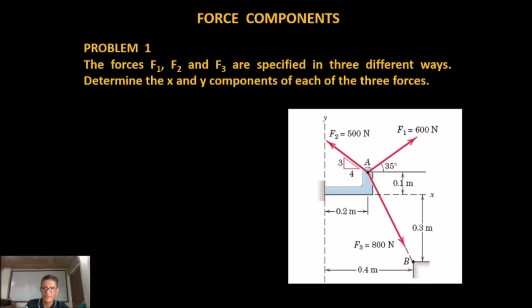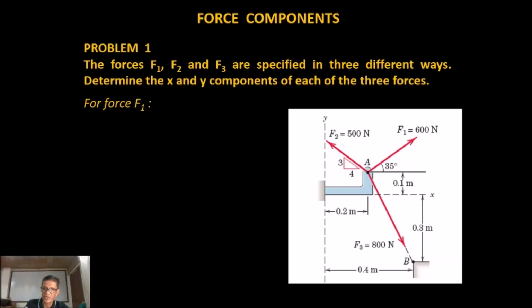So, ganito yung gagawin natin dyan. We have 3 different expressions of forces. Halos ganyan na yan in 2 dimensions or even in 3 dimensions: we have the direction angle, the slope, and the coordinates. So, let's start. For force F1, saan ba directed yung F1?